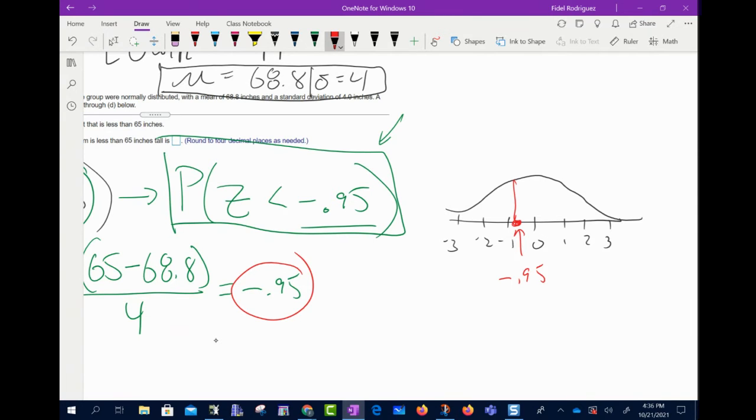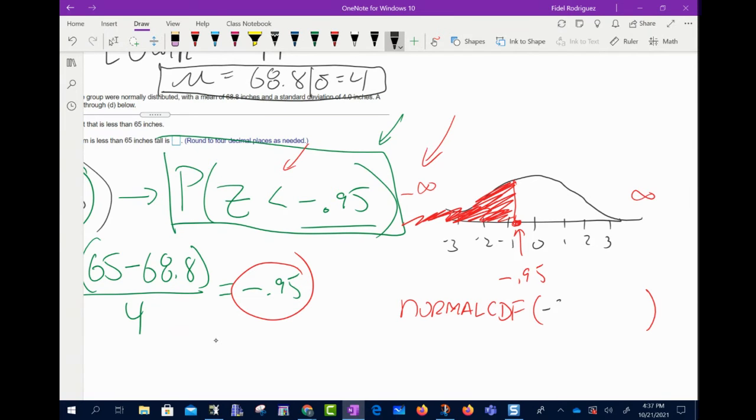Okay. And because it's to the left, we're going to shade this way, right? So remember, there's my negative infinity, here's my positive infinity. So again, using my normal CDF, since we're all the way this way, we're going to use that negative 9999, comma, and then we're going to stop at negative 0.95.